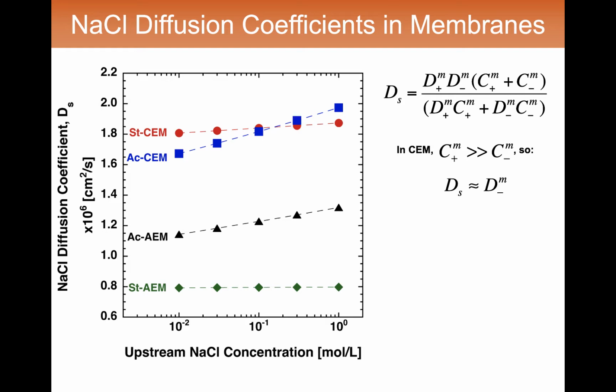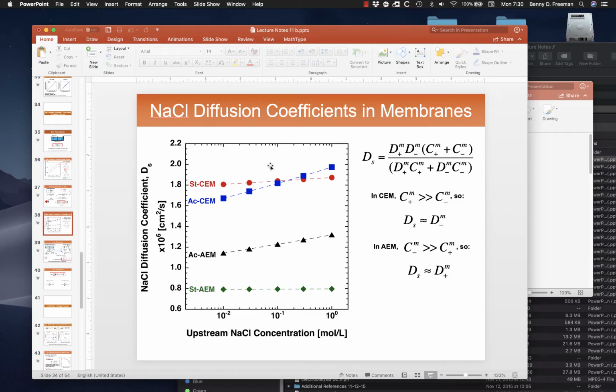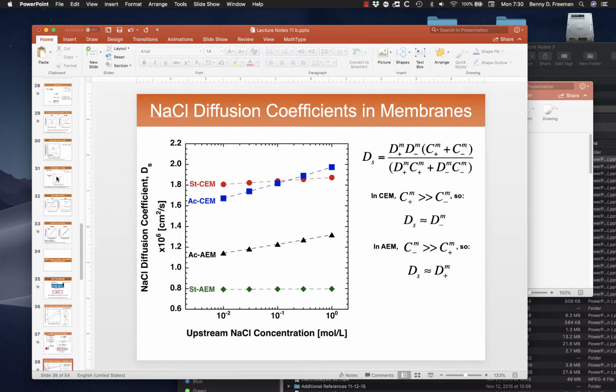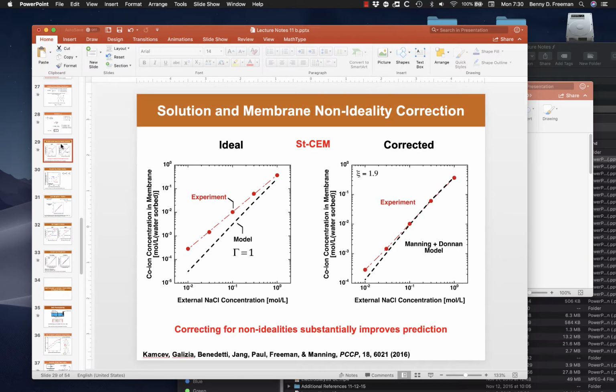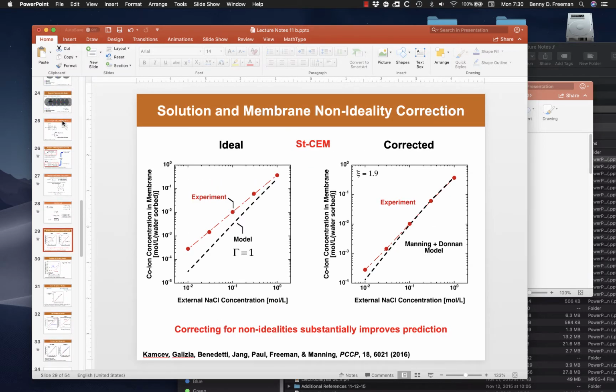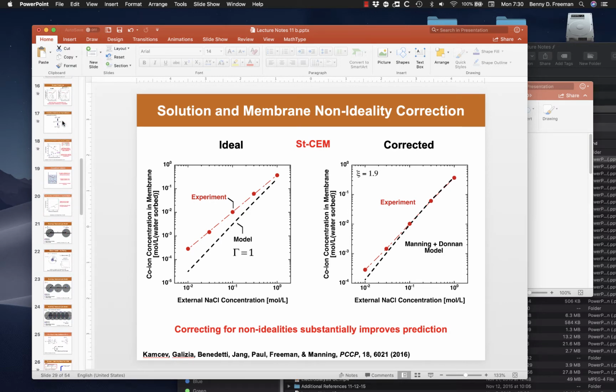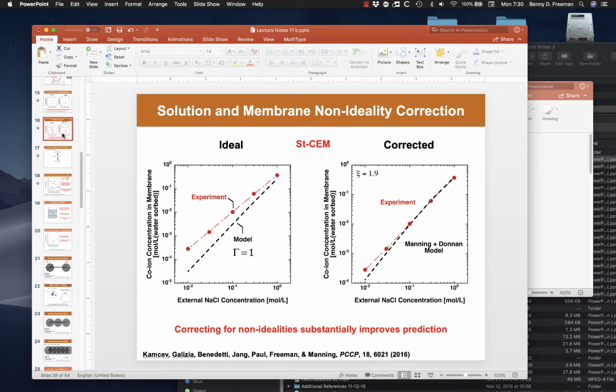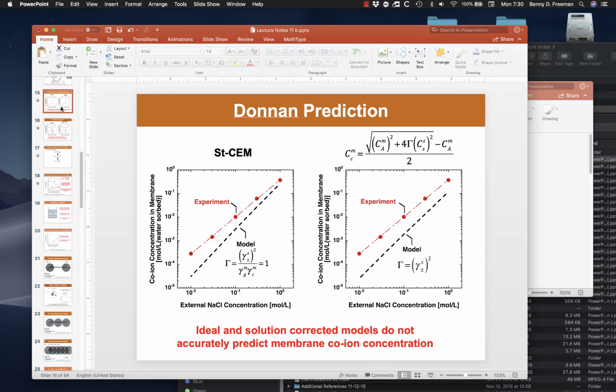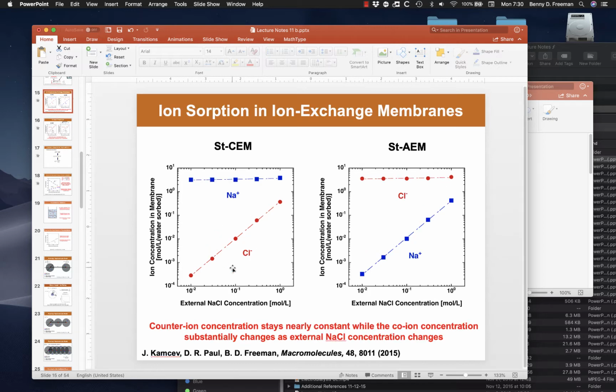Now, it turns out that in a cation exchange membrane, as we've seen before, the concentration of cations in the membrane is enormously larger than the concentration of anions in the membrane. If we go back a few slides, let me take you back to this slide.